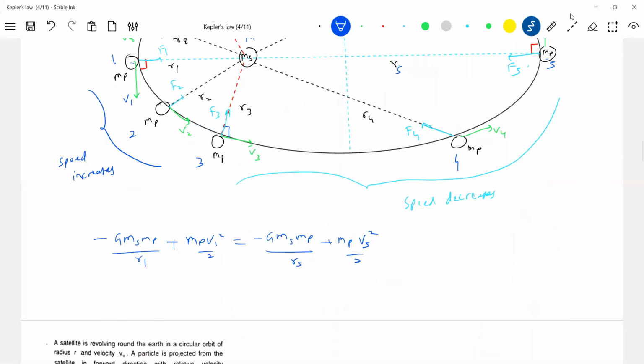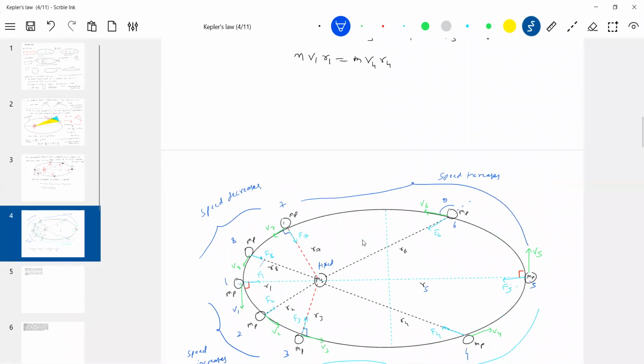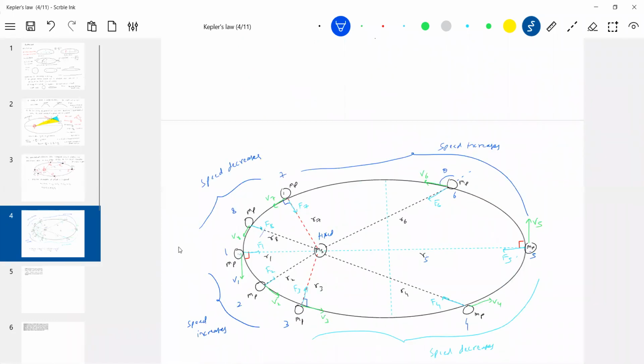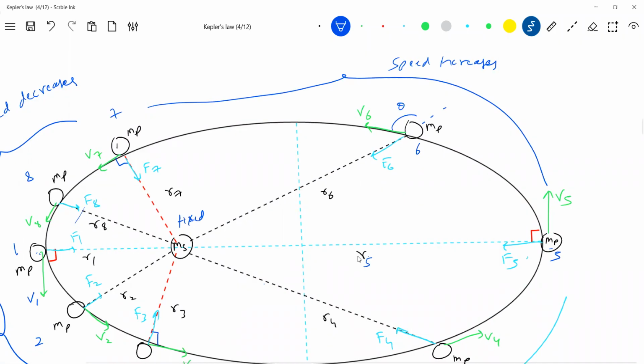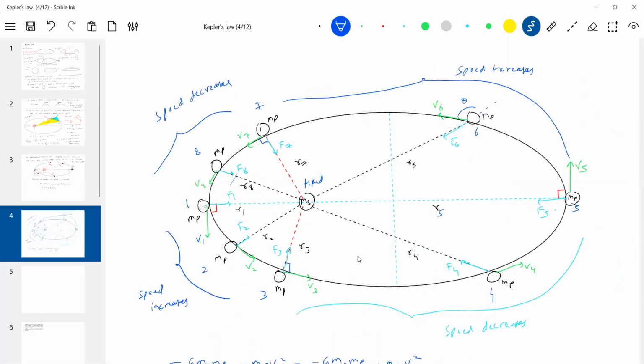Okay, I need space. I think if you can understand this, this topic will get over. The only thing is how to write conservation of angular momentum and conservation of mechanical energy, and how to apply them. That is the whole concept here.